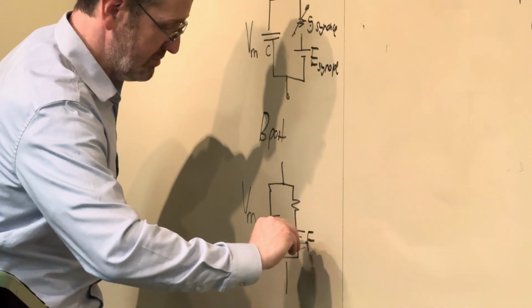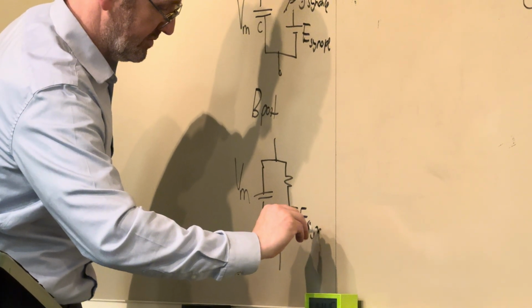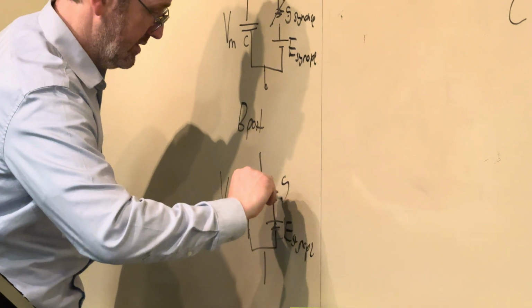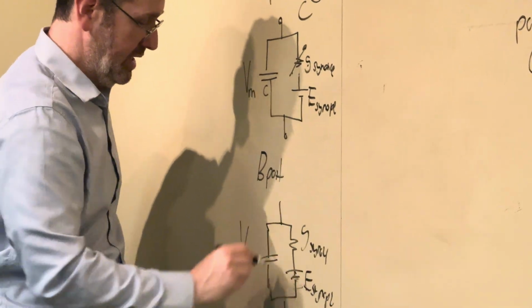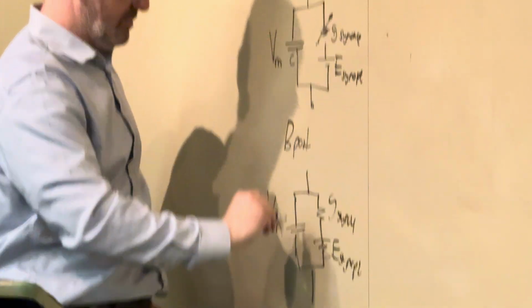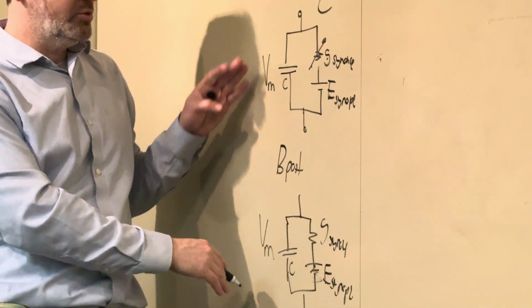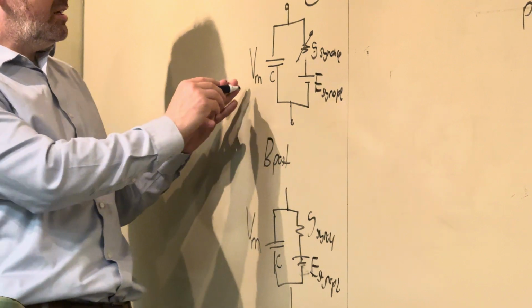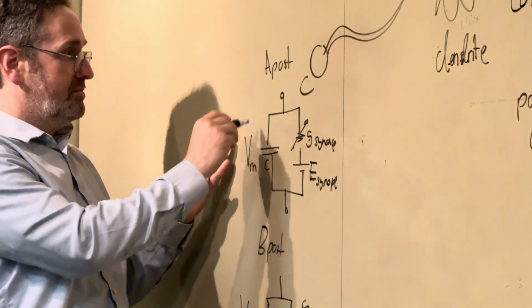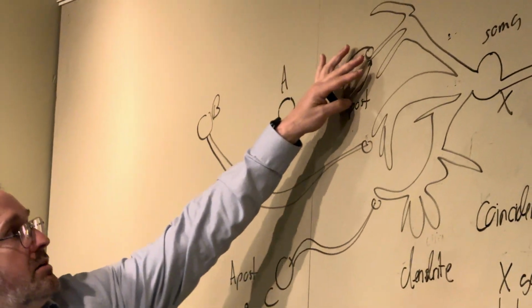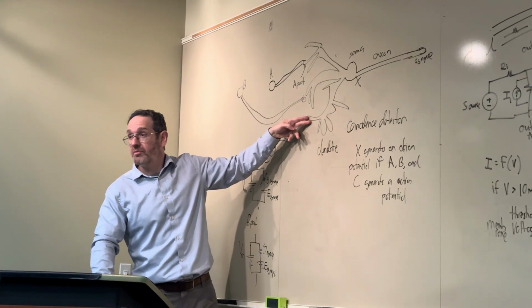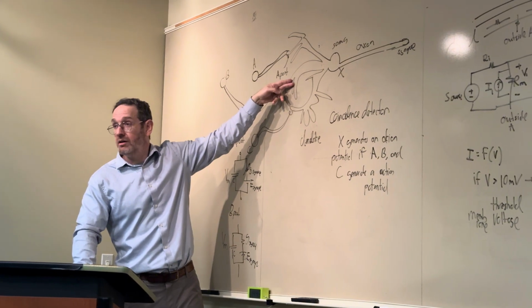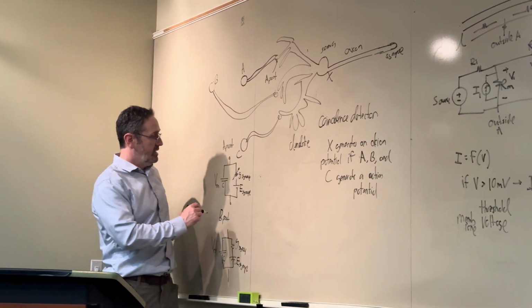We have the E synapse, the G synapse, and this is the capacitor here. And we get a voltage here. But to be clear, this is the VM here, and this is the VM here. And you can see I could draw another one here.